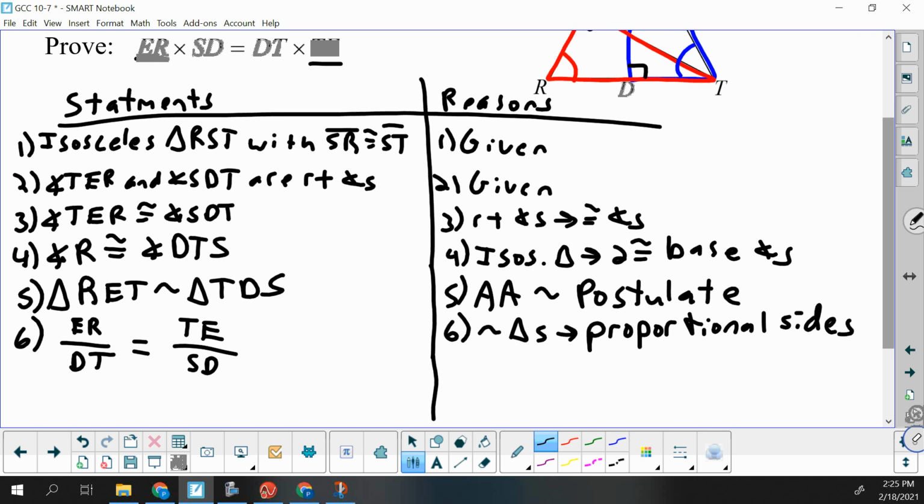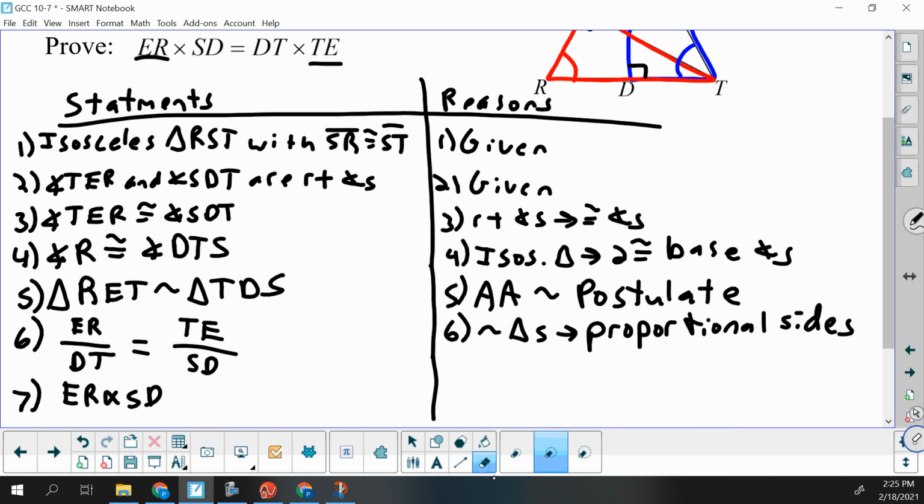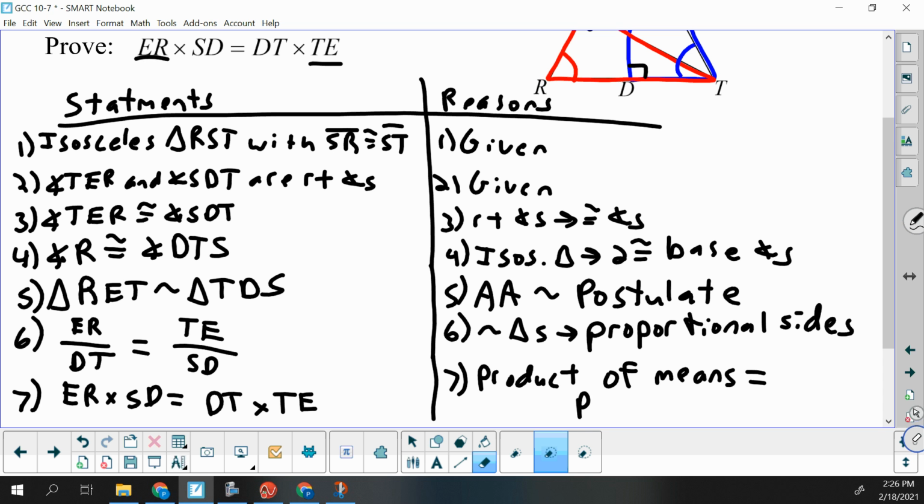Well, now our new step for today, our statement is just going to be what we want to prove. And our new reason for today is product of means equals product of extremes.